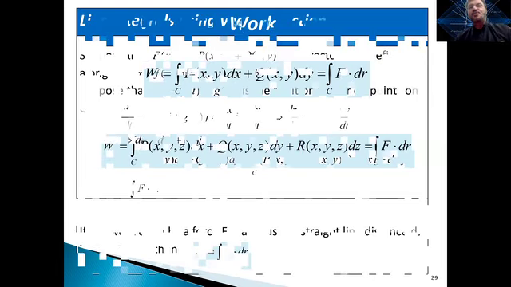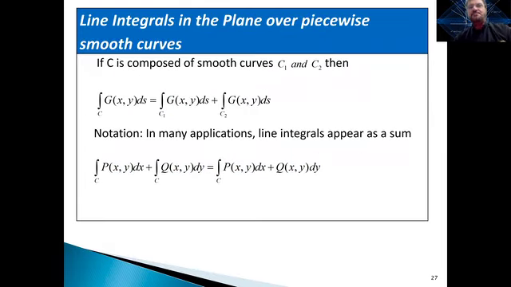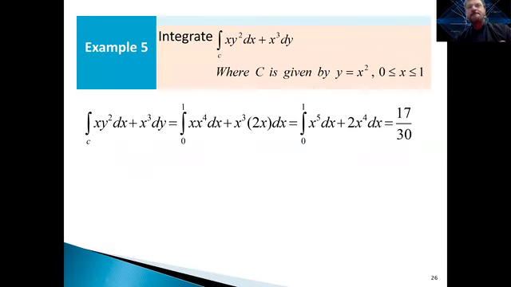So look, let me take you back a little bit. When we did this example, what was the answer? We got 17 out of 30. You know what we just found? We found the work done, because this is P dx plus Q dy. We found the work done on an object moving on this curve C, which is y equals x squared.